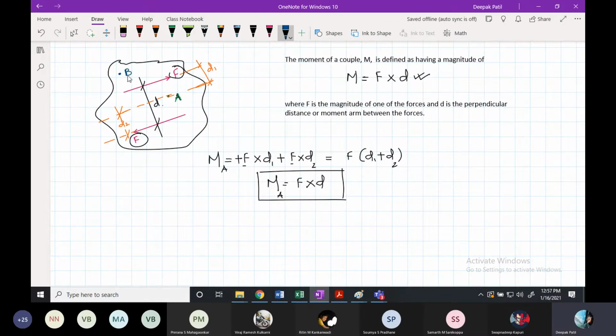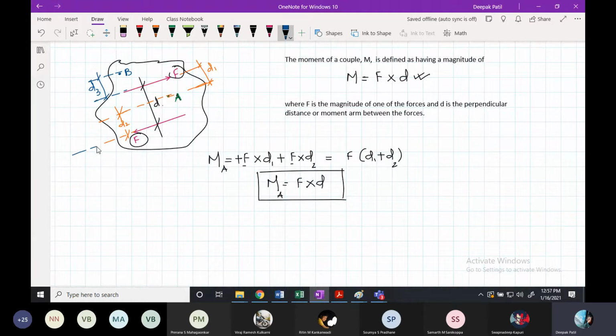Point B. Let me mark the distances from point B to this force F and this force F also. Let this distance be, say, I have already used d1 and d2, so let me use d3.